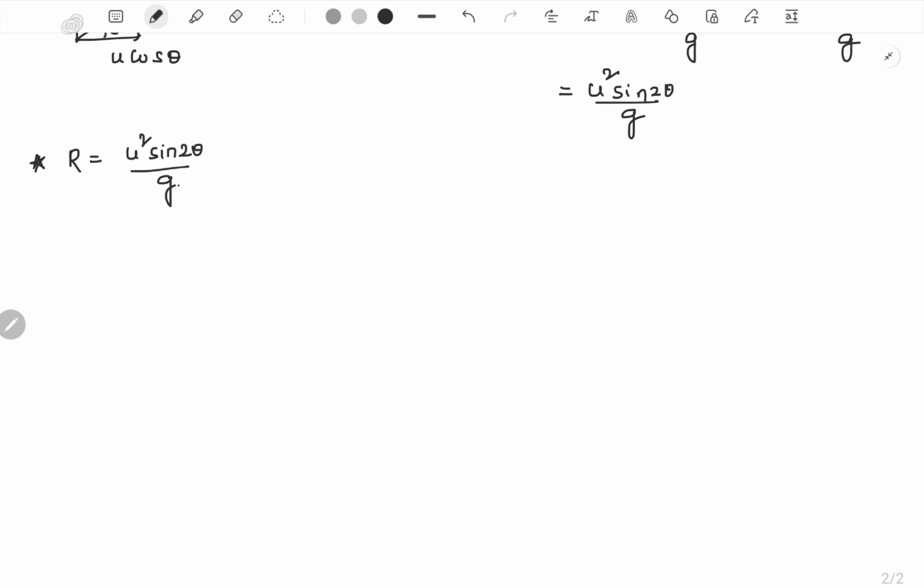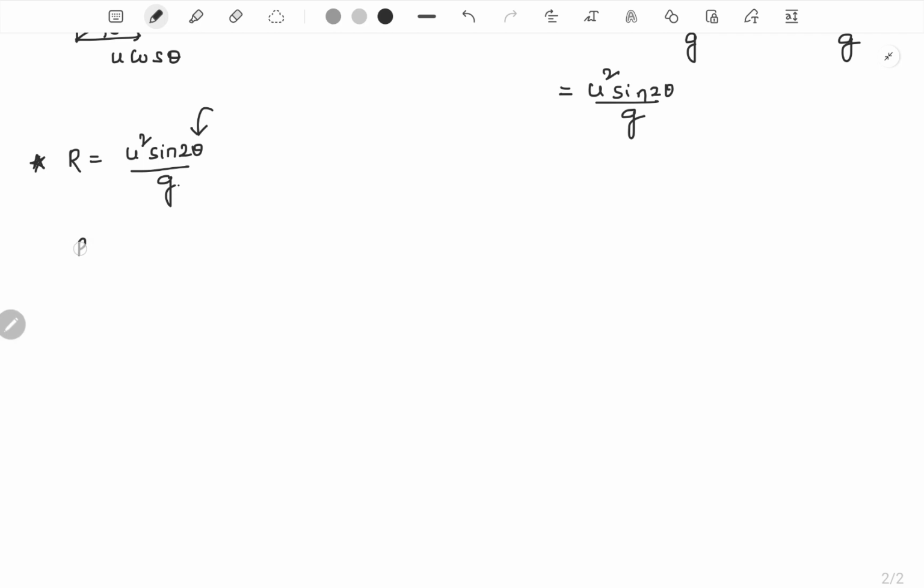So here the range depends on the value theta. So even if you project two bodies with the same speed u, but if the angle of projection is different, theta is different, range would basically be different. Okay. So now our interest is to find the value of theta for which the range would be maximum for a given speed.